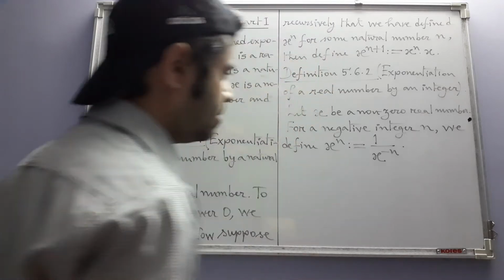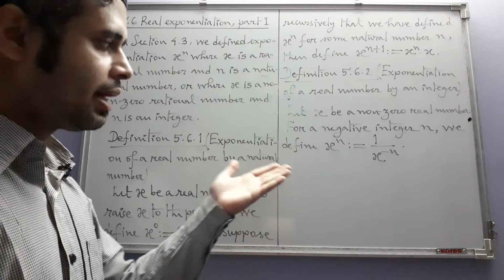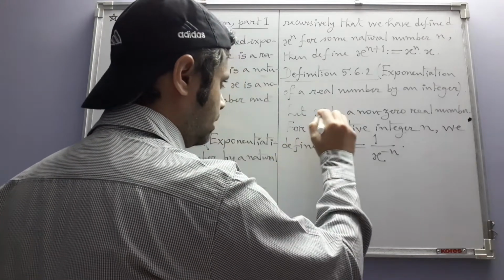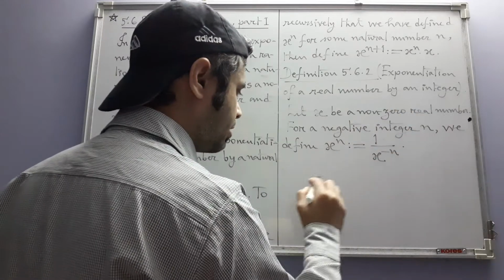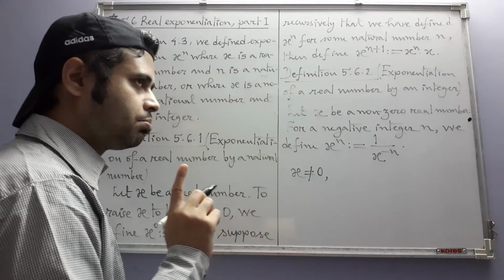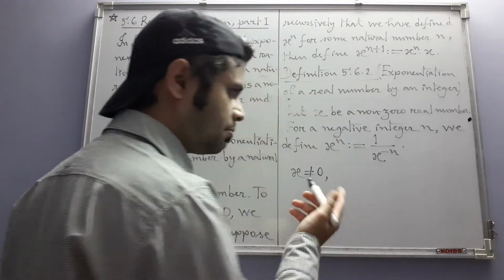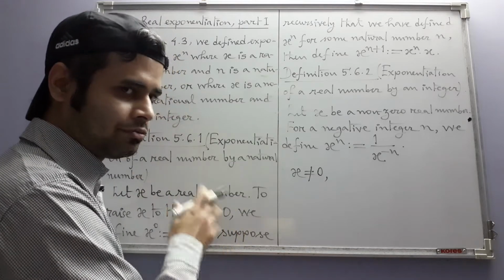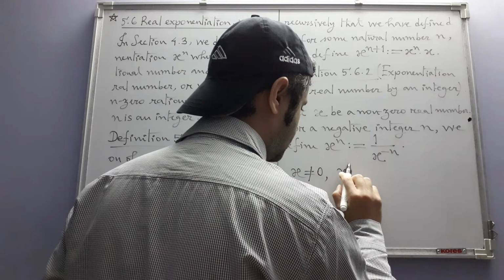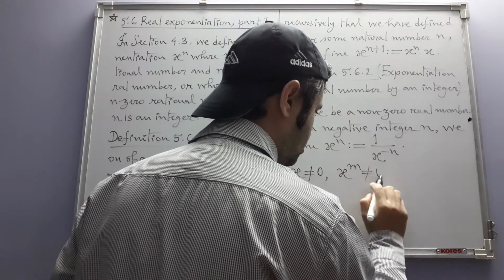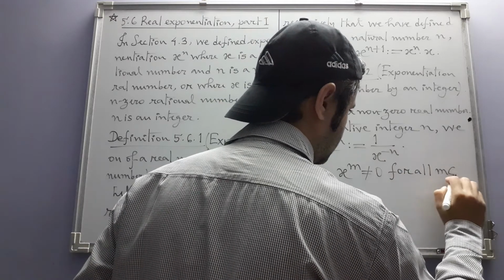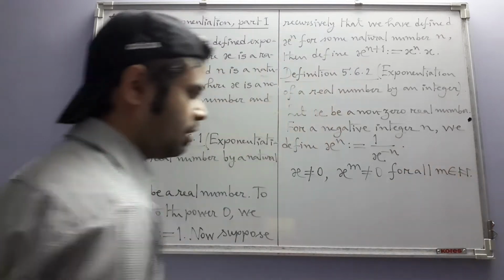Okay, now the next thing is, what have we done here? Let us see. x is a given non-zero real number. One can prove by induction and using properties of real numbers that we have proved already, that for such an x, x to the power m is also non-zero for all natural numbers m.